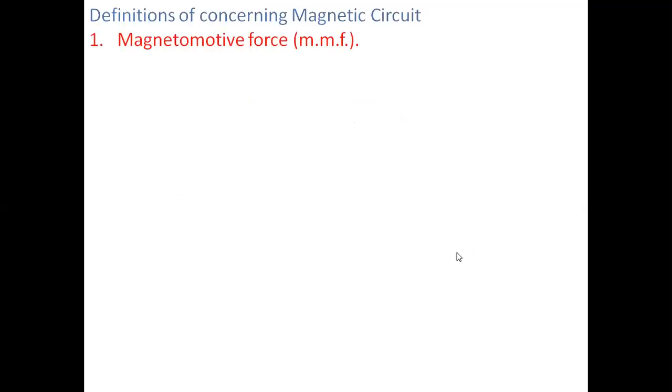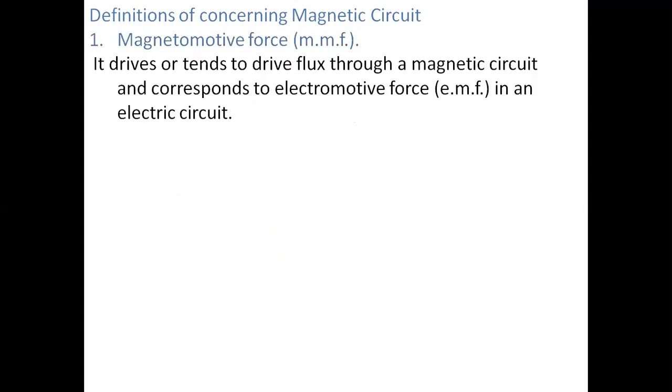Here the magnetomotive force MMF drives or tends to drive flux through a magnetic circuit, and it corresponds to electromotive force in an electric circuit. This magnetomotive force is used to drive the flux, so the flux travels through the given solenoid or ring.